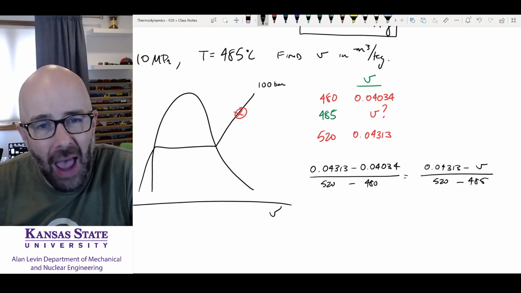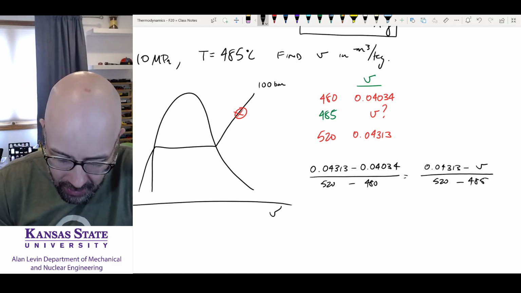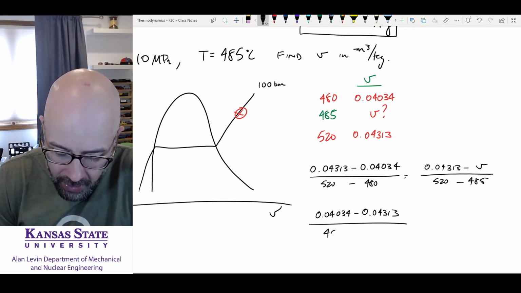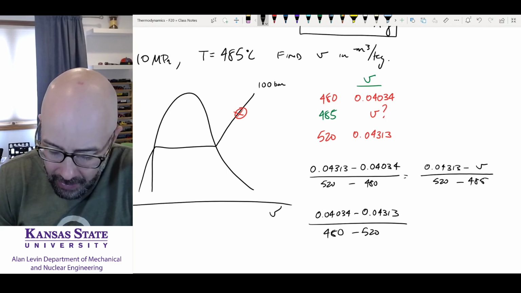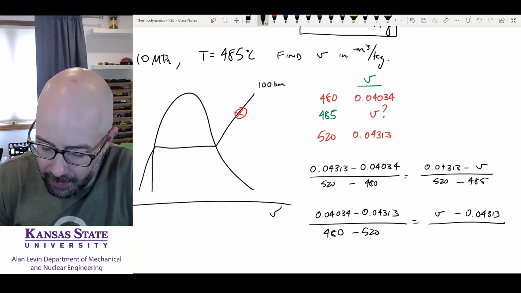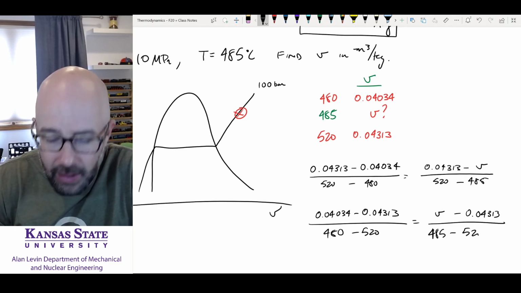But note, I don't have to do it this way. I could have done 0.04034 minus 0.04313 divided by 480 minus 520 is equal to specific volume minus 0.04313 divided by 485 minus 520.